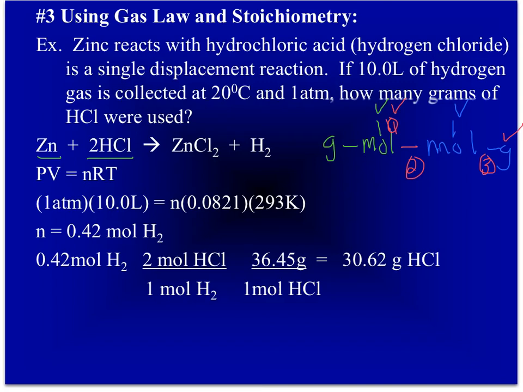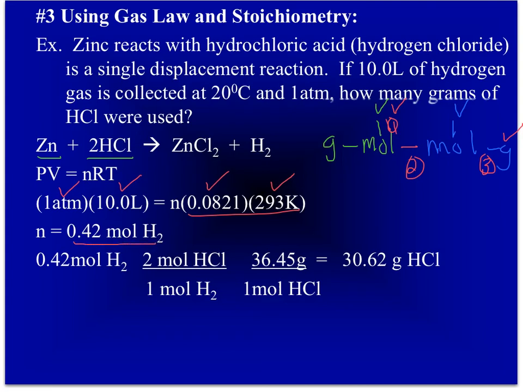So that's kind of outlining what we're going to do. All right, first step, we're going to use PV=nRT. Okay, we're given 1 atm, 10 liters. We can look up R, and we're also given 20 degrees Celsius, which is 293 Kelvin. Okay, we're going to solve for n. So divide both sides by 0.0821 and 293. Okay, and that will give us 0.4 moles of H2.